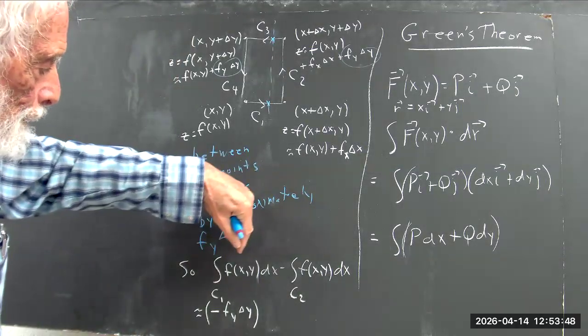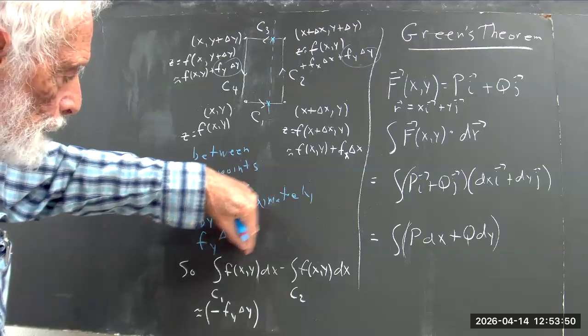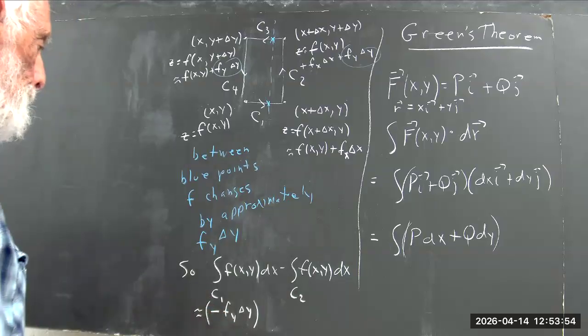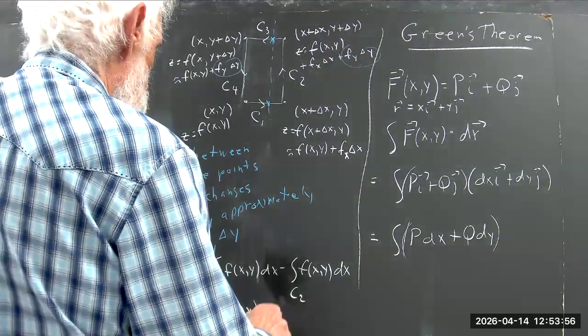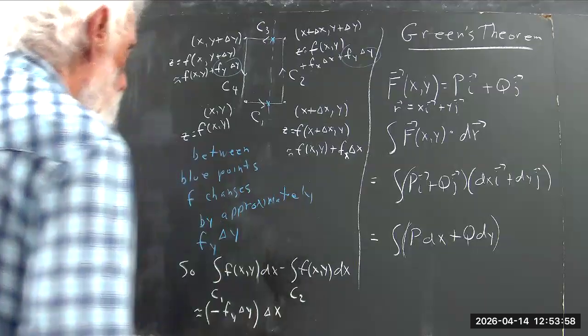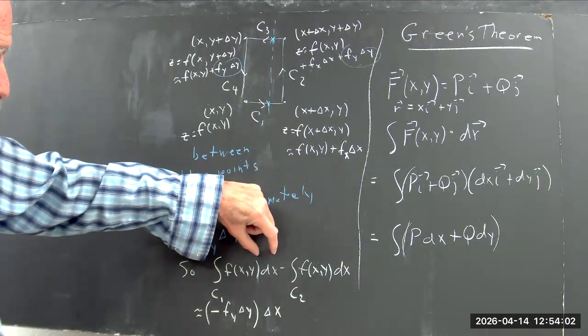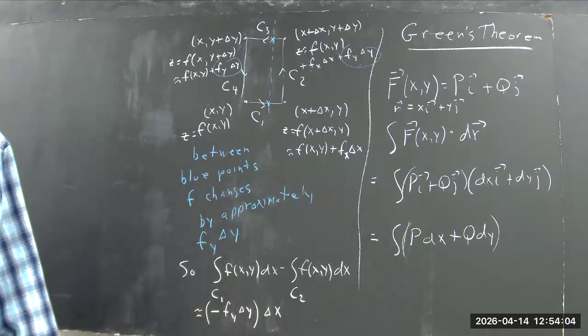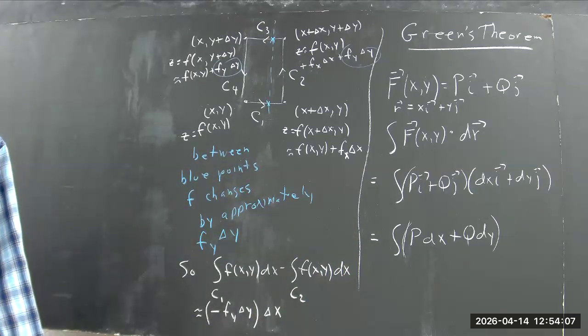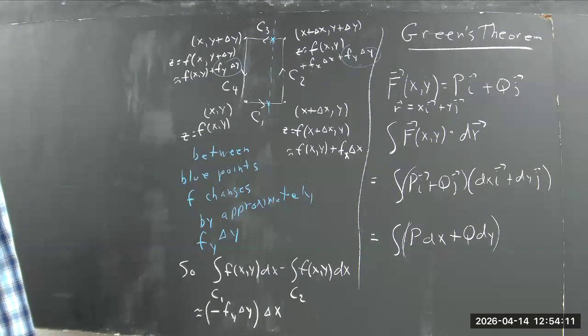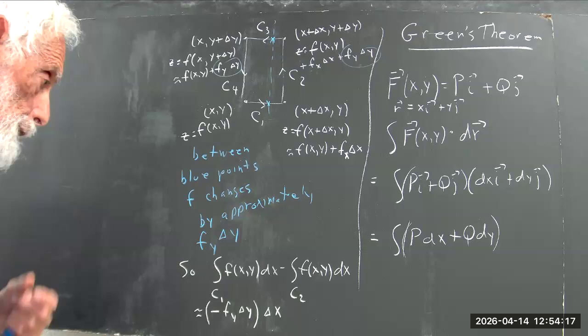So the difference of the f of xy here minus the f of xy here is going to be negative your fy delta y. And the distance over which you're integrating is delta x. Okay? Does that make sense? Something you should ponder.